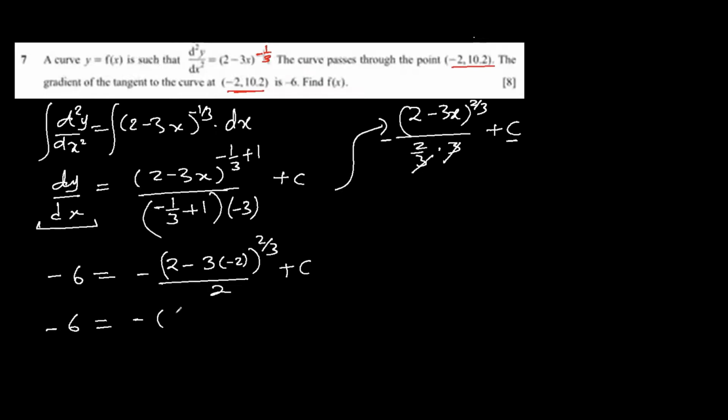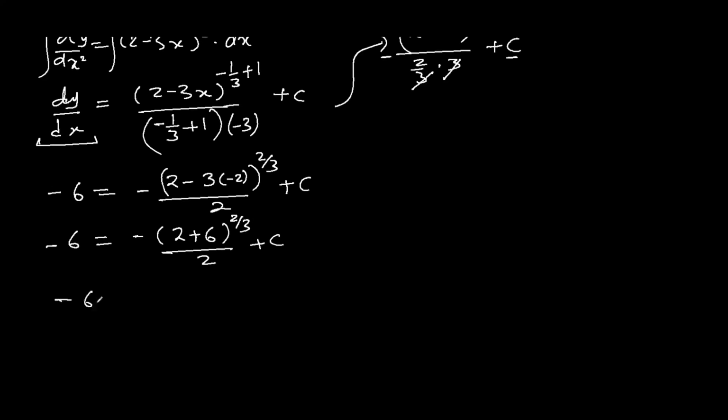So minus 6 equal to minus 8 to the power 2/3 over 2 plus c. 8 to the power 2/3 will be first the 1/3 power of 8. You can use your calculator, but I'm doing it mentally. The 1/3 power of 8 will be 2, and then we square it, so basically it will be 4 over 2 plus c.